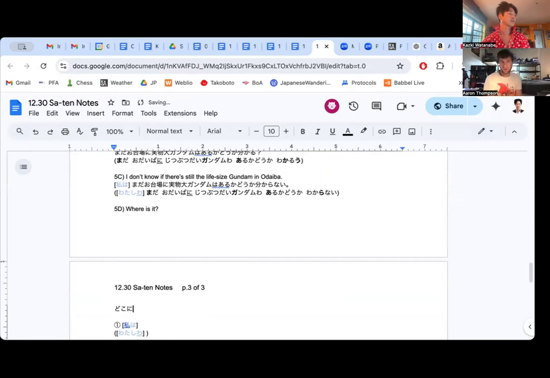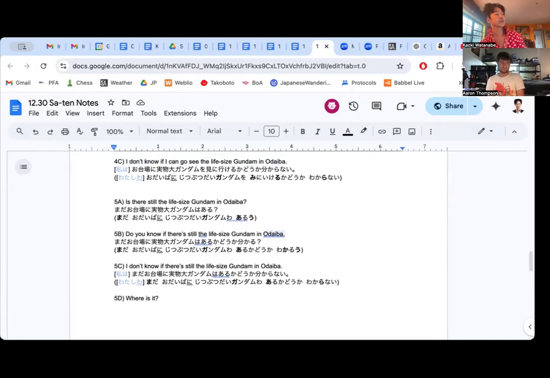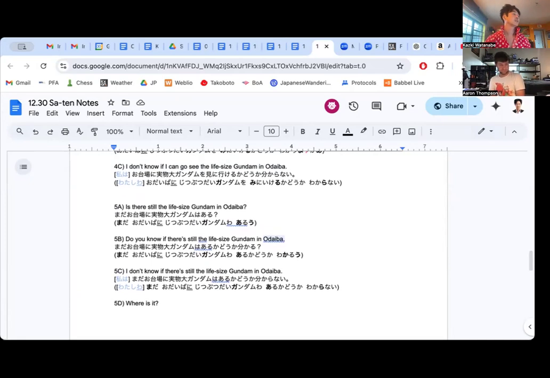終わりました。センテンス、もう一回お願いします。お台場に実物大ガンダムを見に行ける、見に行けるかどうかわからない。Can I hear that again? お台場に実物大ガンダムを、okay, let's work on the pronunciation.